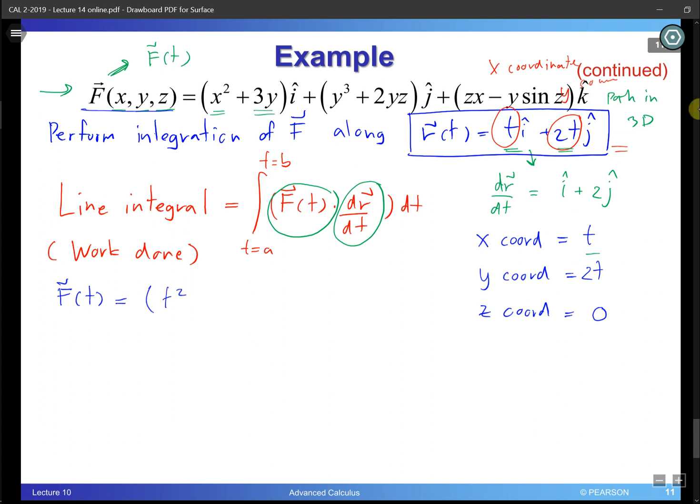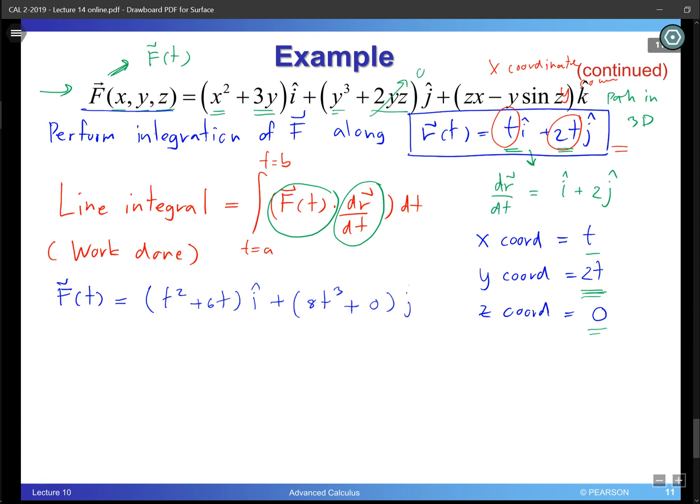Now we know that y equal to 2t, so this becomes plus 6t i. Next one, y cubed, but we know that y is equal to 2t, so y cubed becomes 8t cubed plus 2yz right here, but we know that z equal to 0, so this thing is going to go to 0, so I have 0 right here.